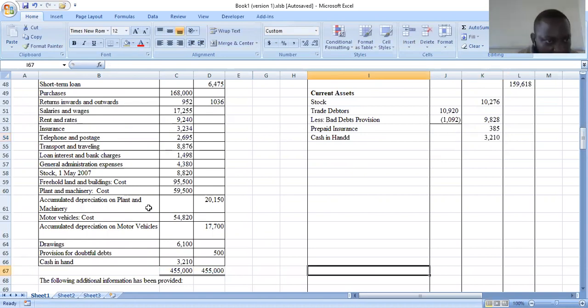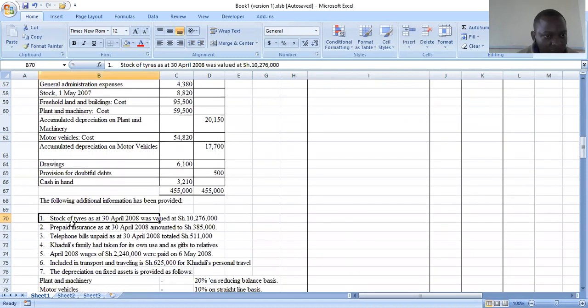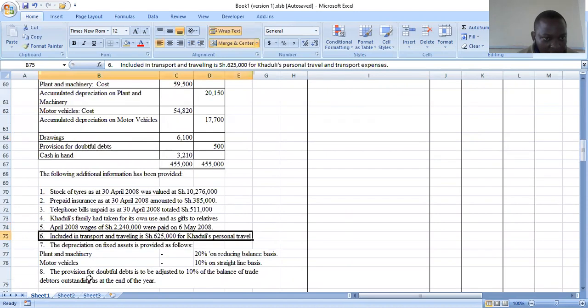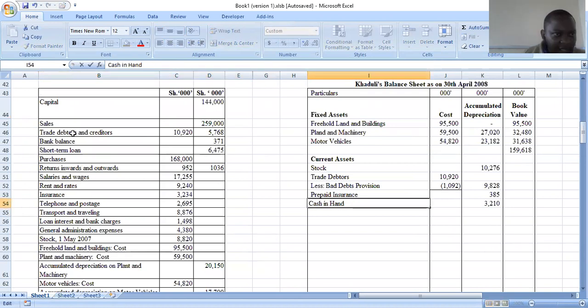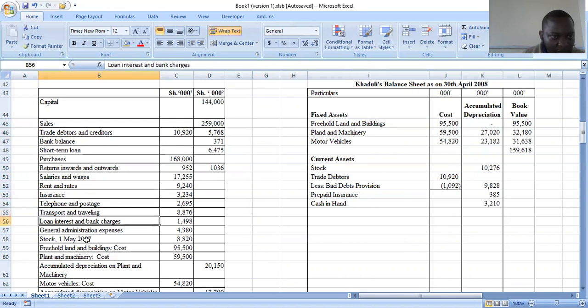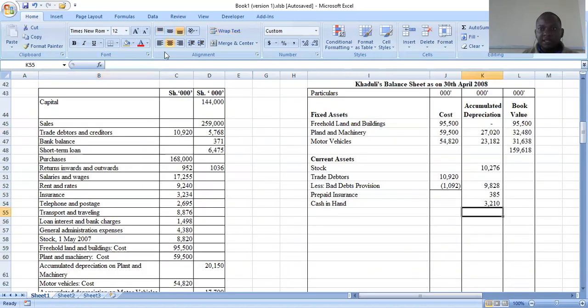I don't know whether we have any other item that should be treated as a current asset. Stock is already there. Prepaid insurance, telephone is unpaid, so liability. I think I've exhausted all the current assets.